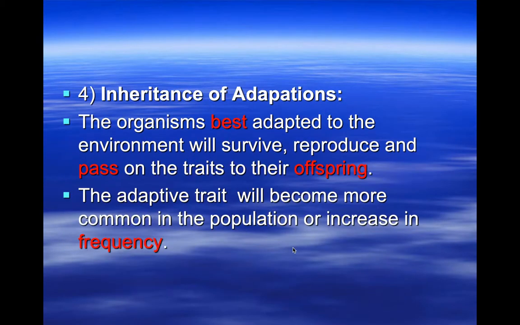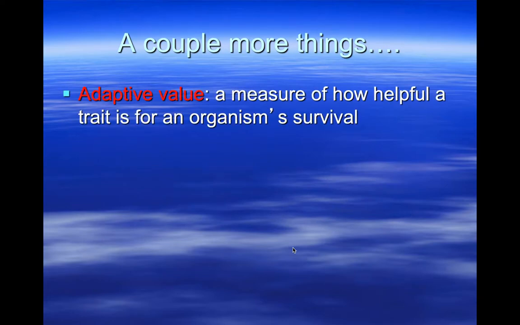So inheritance of adaptation is an important part. The organisms best adapted to the environment will survive, reproduce, and pass on their traits to their offspring. And this is how you get those new traits and changes in populations. The adaptive trait will become more common in a population, or the word that's used is increase in frequency. Okay, a couple more things.